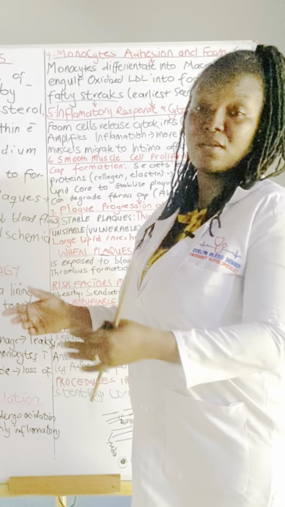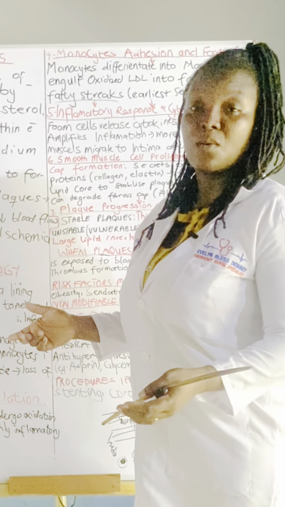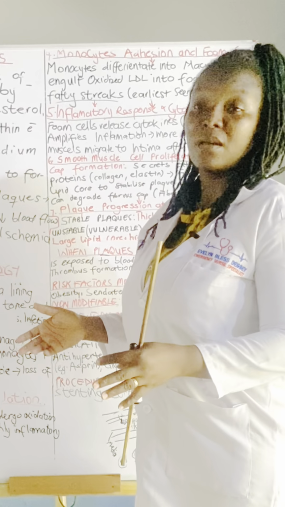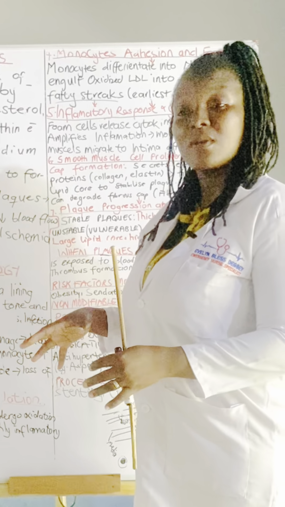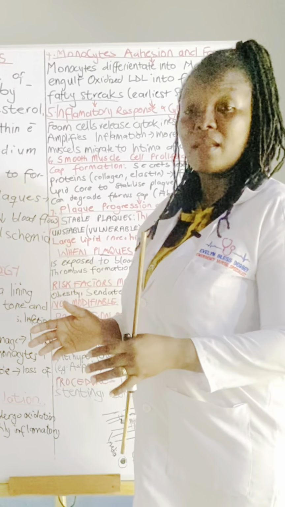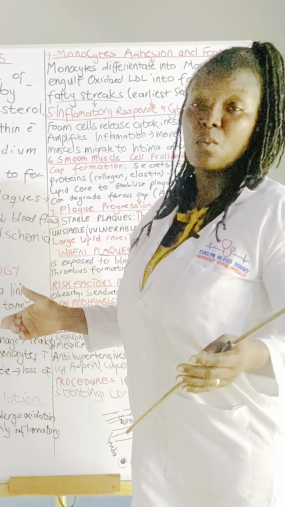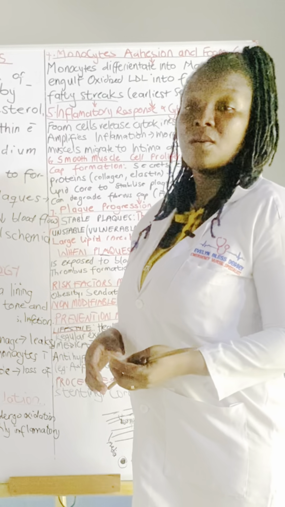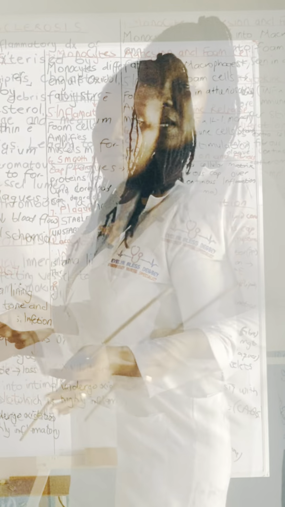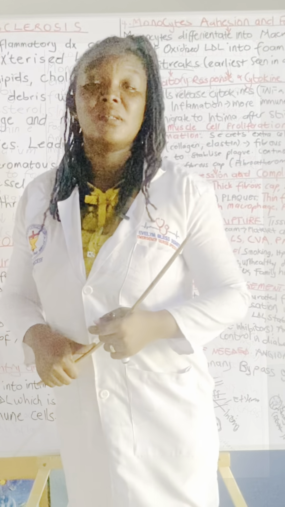That is what we call a stable atheroma. But then if the capsule or the fibrous covering is very thin, then it will lead to a rupture with the least provocation. So basically, this is what atherosclerosis is.